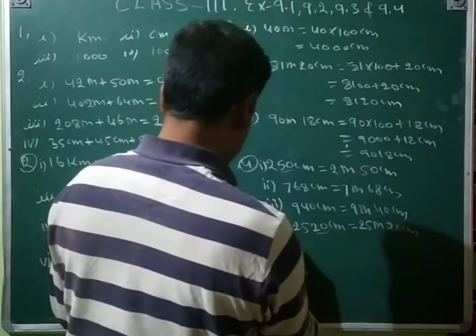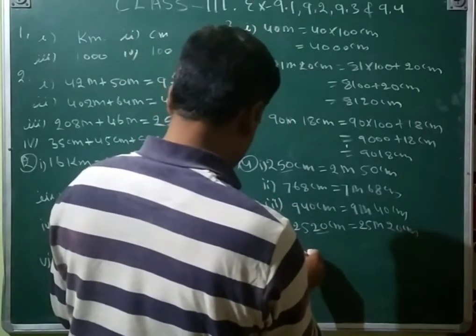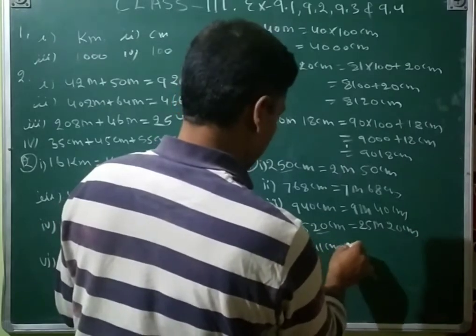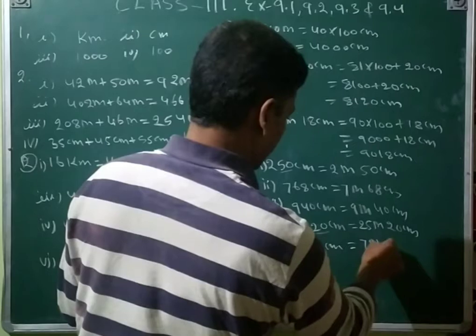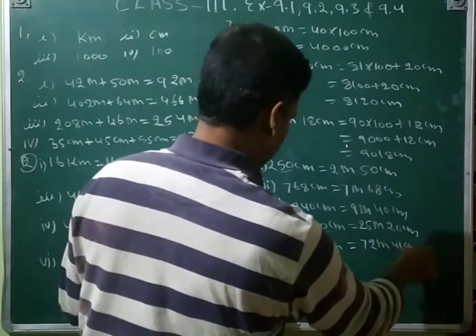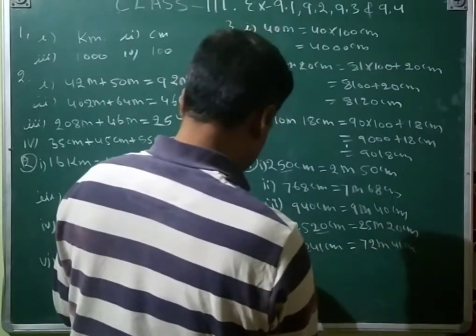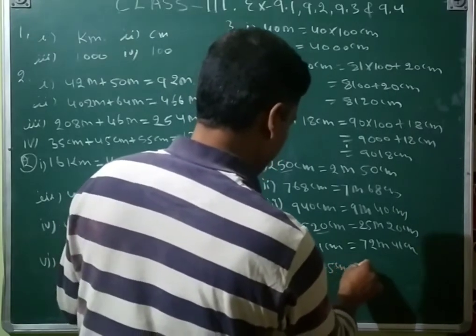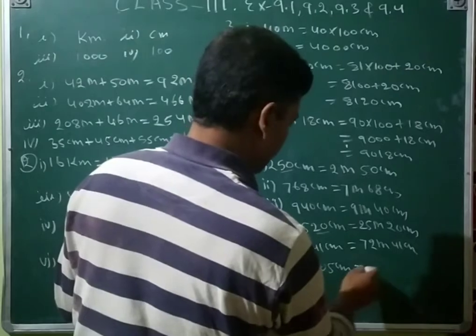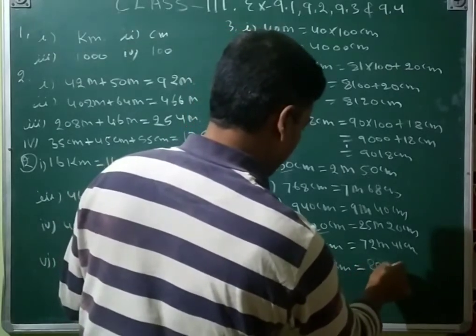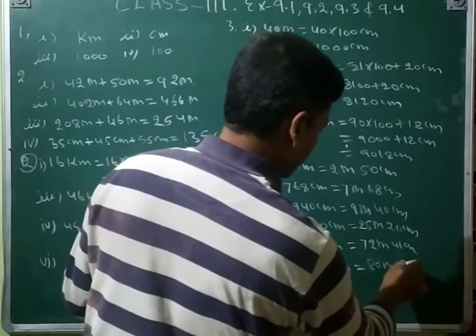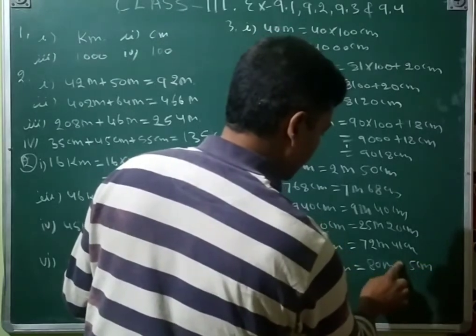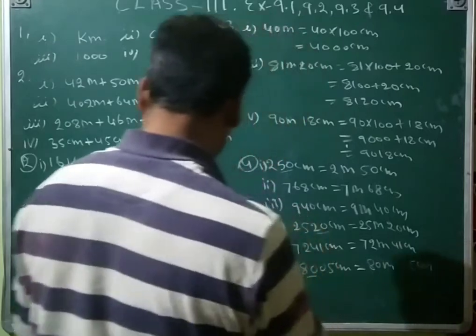And then fifth part, 7241 centimeter. So that is 72 in meter and 41 in centimeter. Last part, 8005 centimeter. So the first two digits in meter and then the last two digits in centimeter. So 05 centimeter, and no need to write the 0 here.